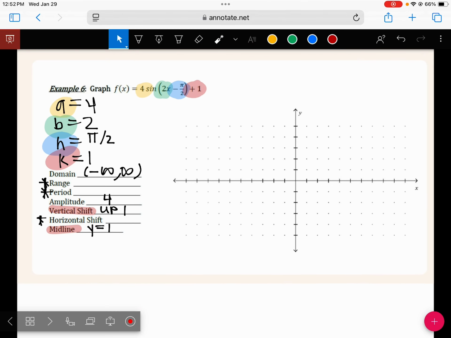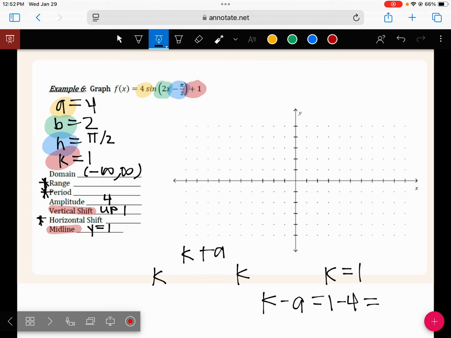So do you want to do range, period, or horizontal shift first? Range, I guess. We'll do the range because that's something we're used to. So we have to build our wave. Sine starts in the middle, so we're going to start at our K. K plus A, K, K minus A. K is equal to 1.